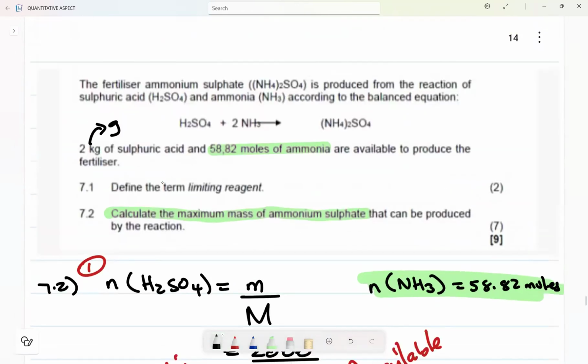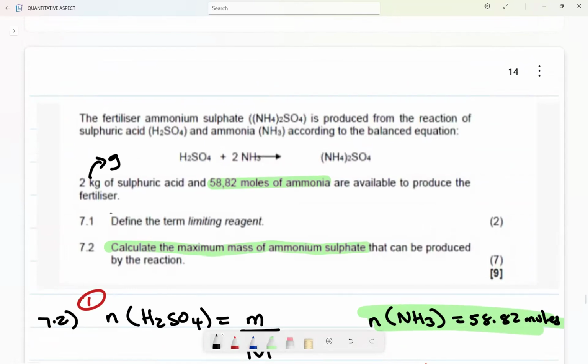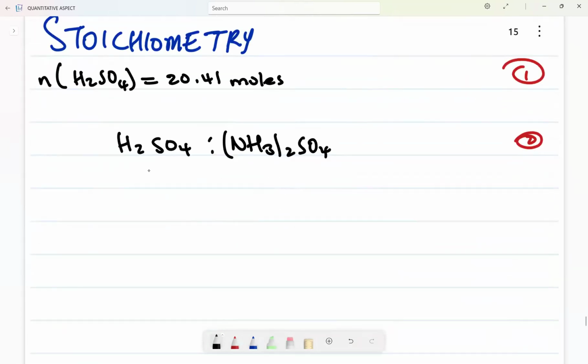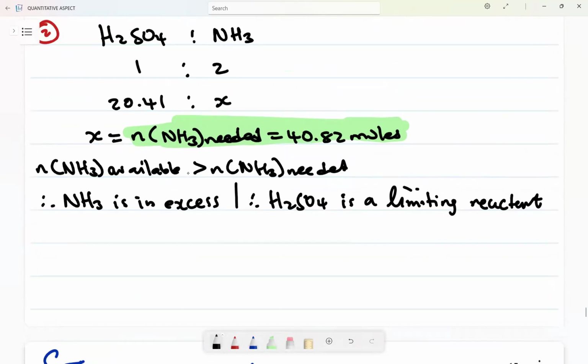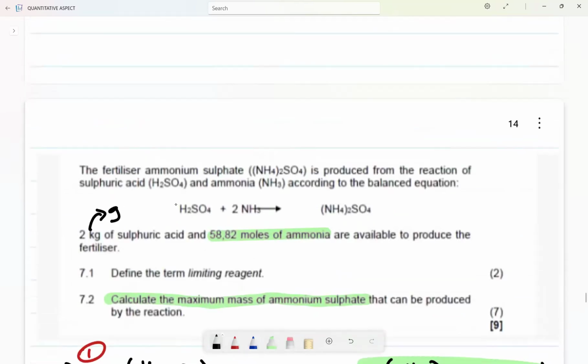Let me quickly confirm that. (NH4)2SO4. Then the ratio between H2SO4 as well as ammonium sulfate, can you see it is 1 is to what?